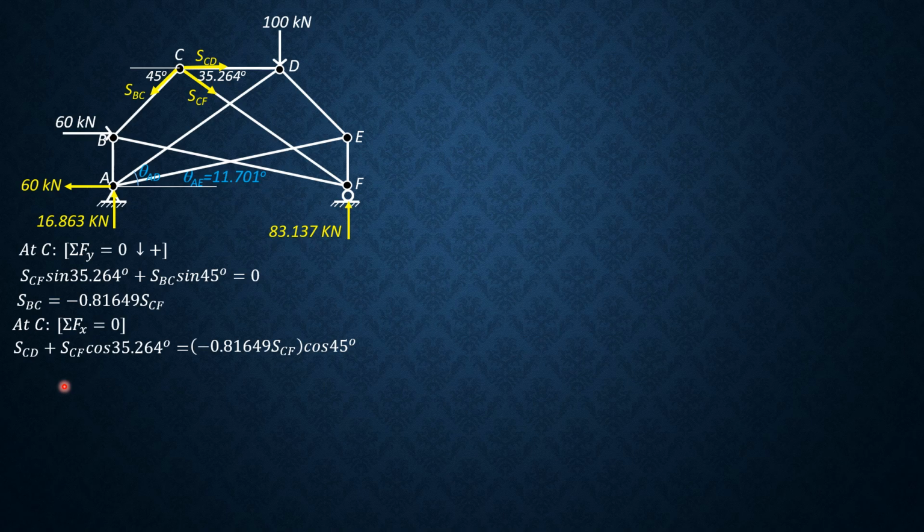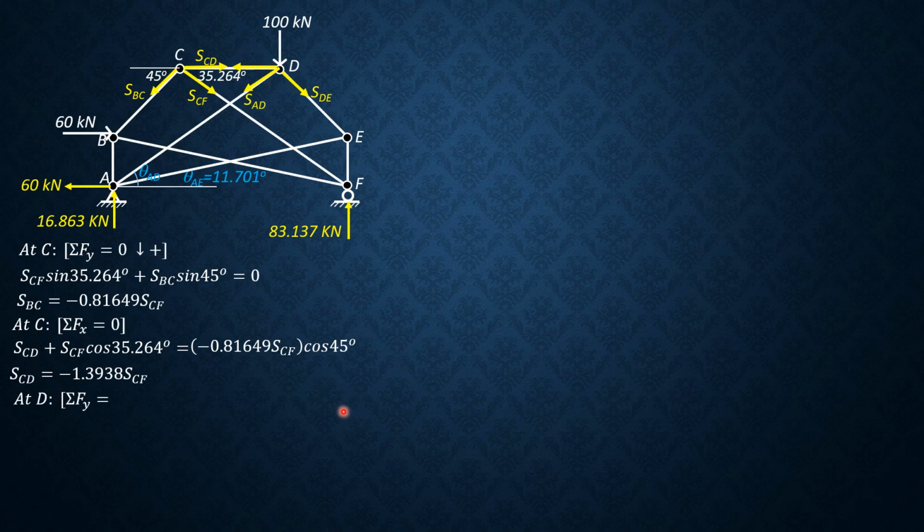So SCD can now be expressed in terms of SCF: negative 0.81649 cosine 45 minus cosine 35.264. So SCD is equal to negative 1.3938 of SCF. Then we proceed to joint D.